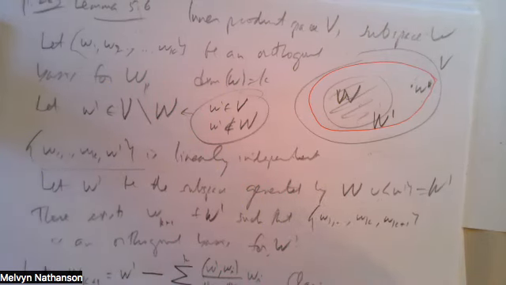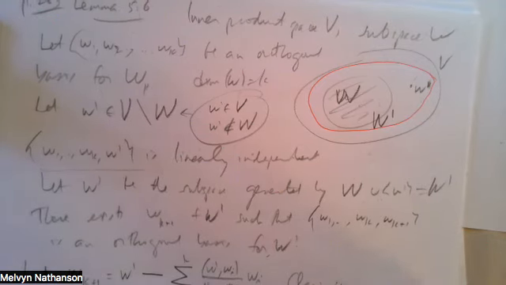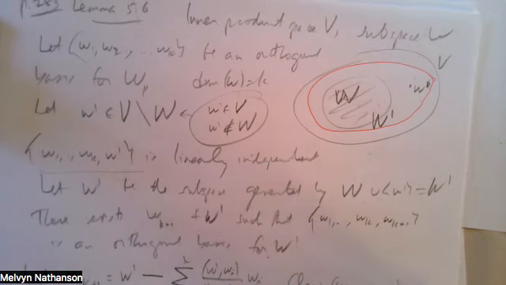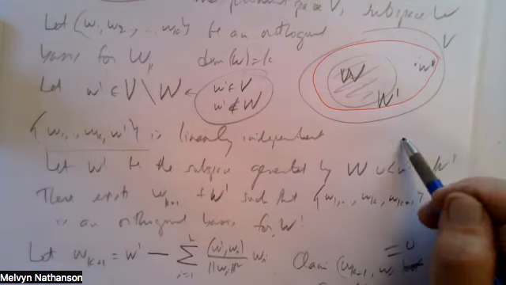And I claim that WK plus 1 is orthogonal to all of the vectors in the basis. So the inner product with Wi equals 0 for all I from 1 up to K. I have various vectors.